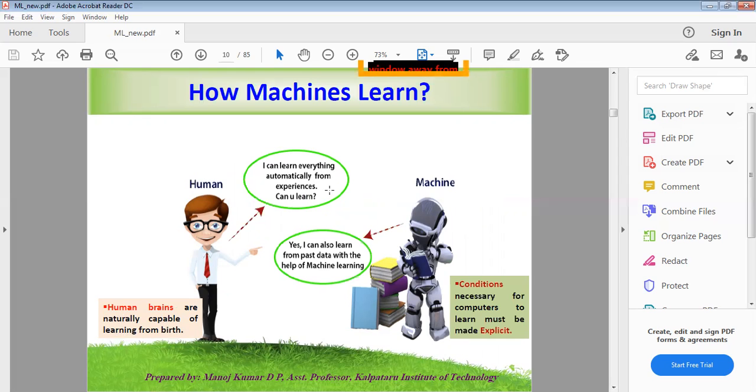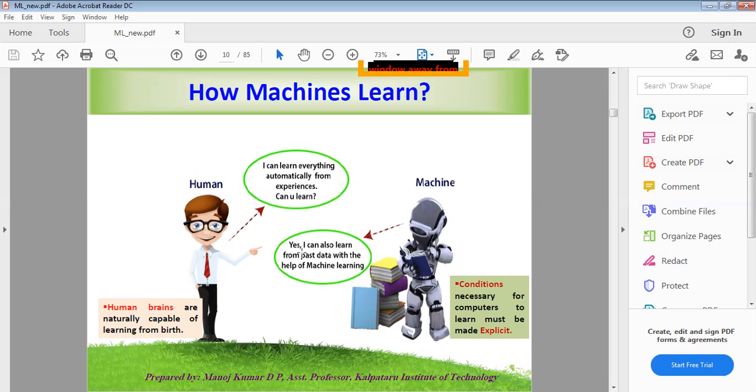Suppose I am 1 year old and I have started walking step by step. Once you take one step, you will fall down. So how are you learning? You are learning to walk upon falling. That is the human.